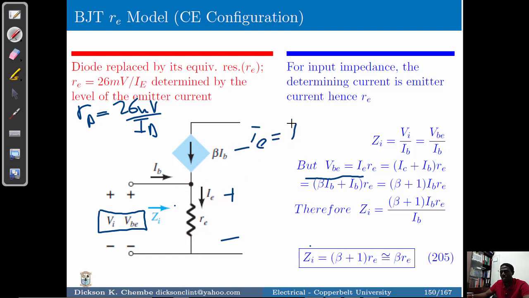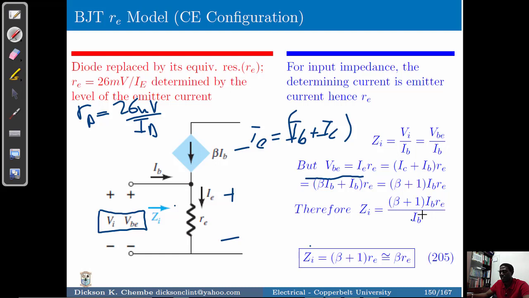So this is the base plus the collector current, multiplied by the r-e resistance. And after manipulation, we find that the input impedance is equal to beta plus 1 multiplied by base current and r-e, or equivalent resistance, and then divided by the base current.